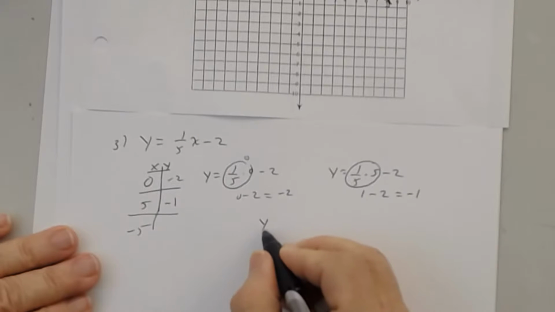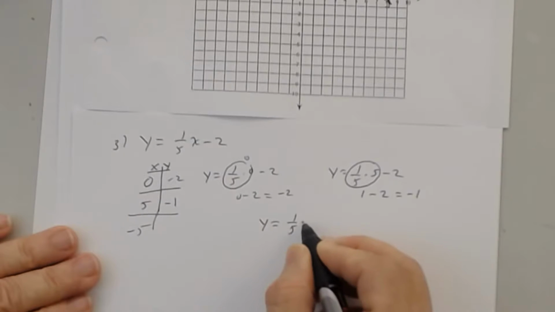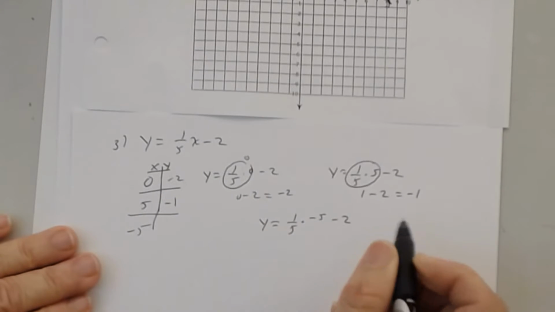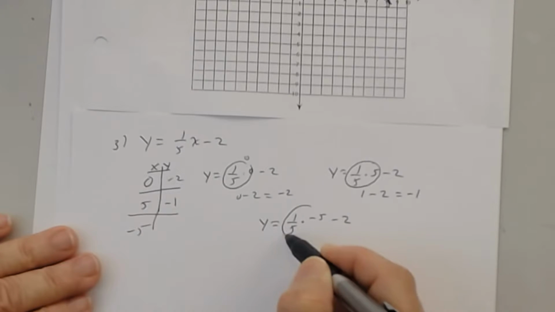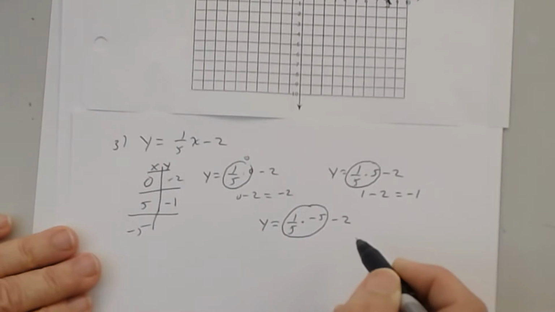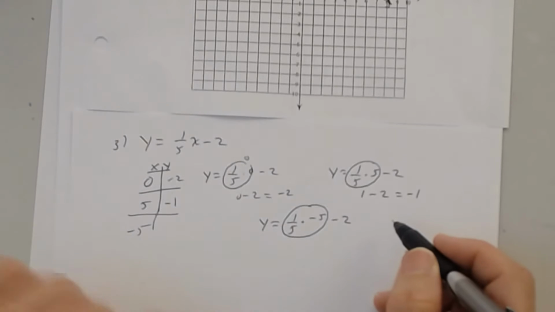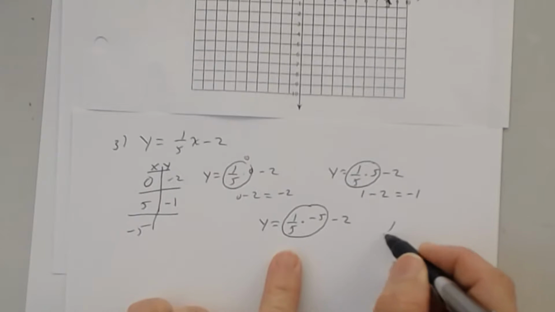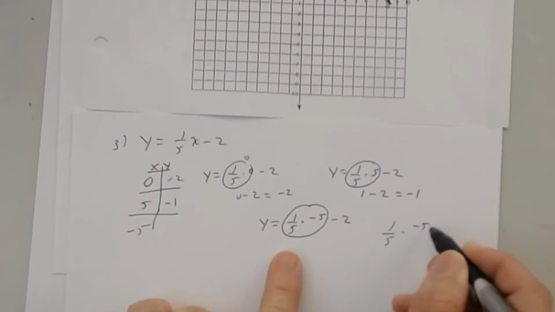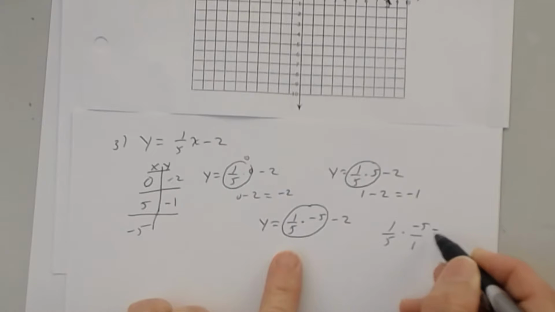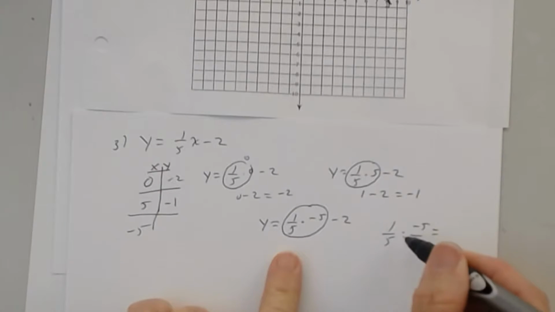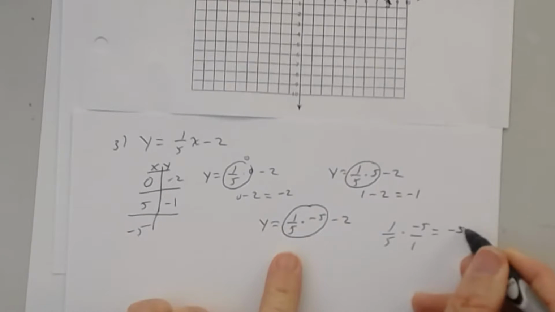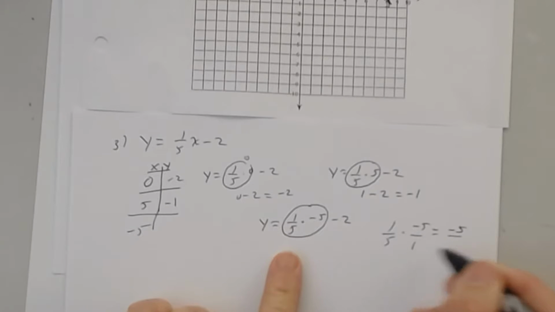For -5, I get y equals 1/5 times a -5 minus 2. All right, let's do the multiplication first. A positive times a negative is a negative. I have 1/5 times a -5 over 1, right? If I multiply first, what's 1 times a -5? The denominator, what's 5 times 1?